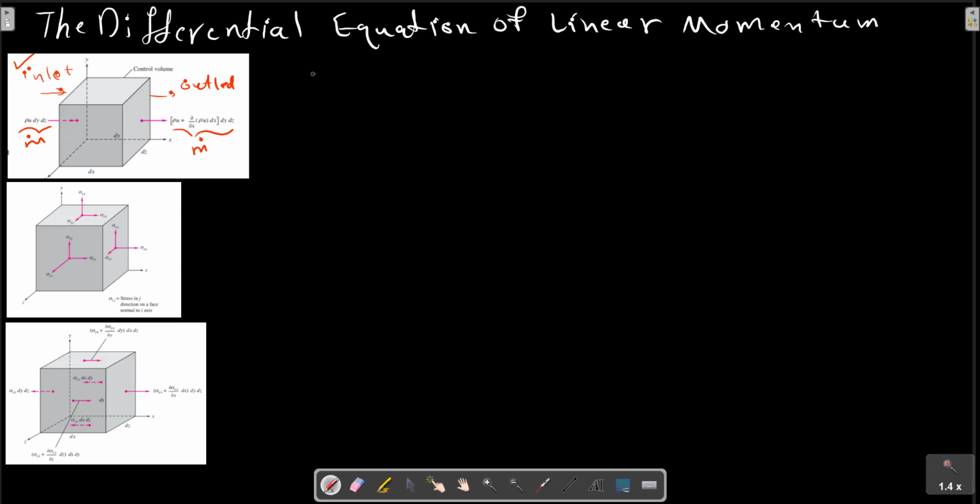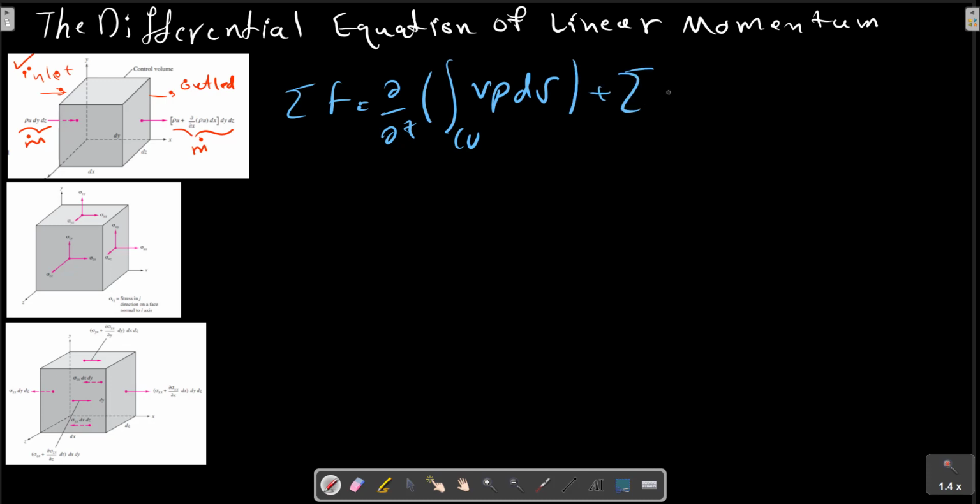So we can write the equation of Reynolds transport theorem, where the summation of forces on a control volume equals the rate of change of momentum inside, plus m dot i V i out, minus m dot i V i in.